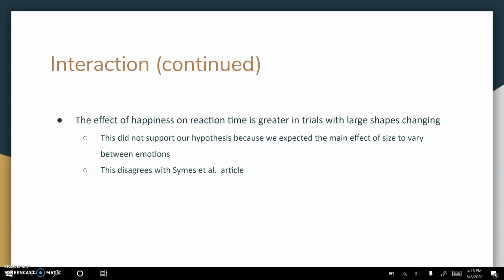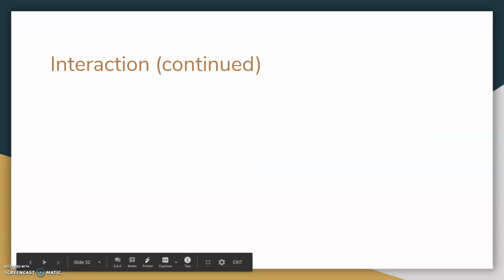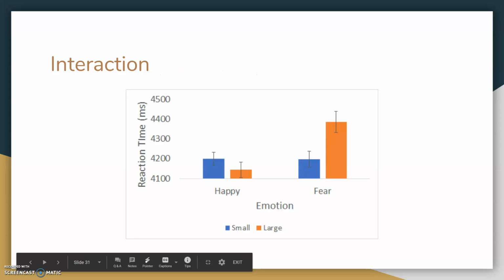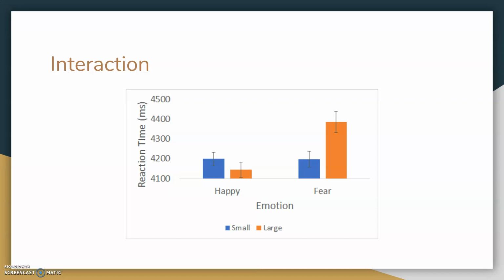In fact, if we go back to look at the graph, the happy trials with large shapes changing actually have a smaller response time than the happy trials with small objects, which directly goes against what was found in the Symes et al., which said that all trials where there were smaller shapes were found faster than trials with larger shapes changing.